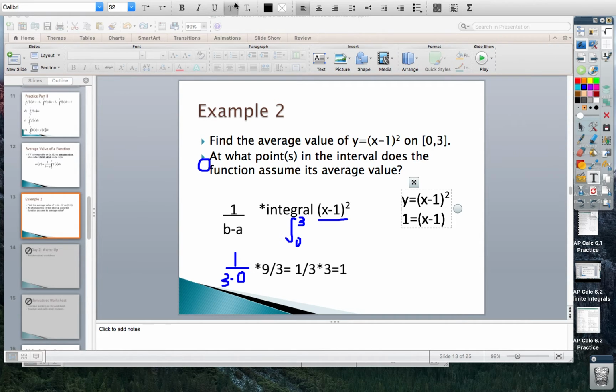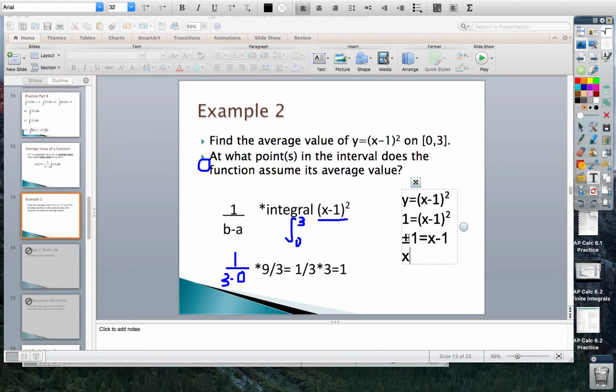So we're going to square root both sides. And what you're going to be left with is plus or minus 1 equals x minus 1.